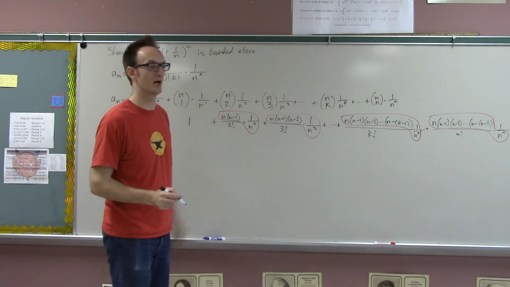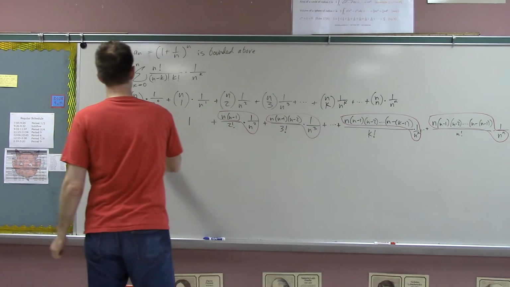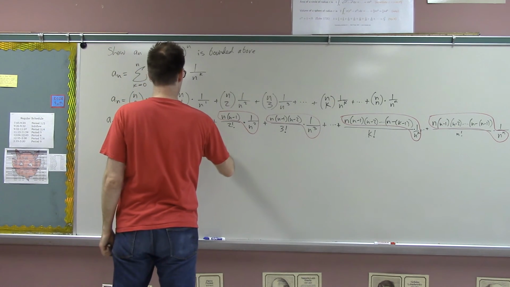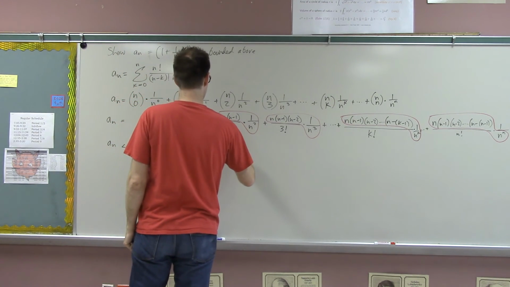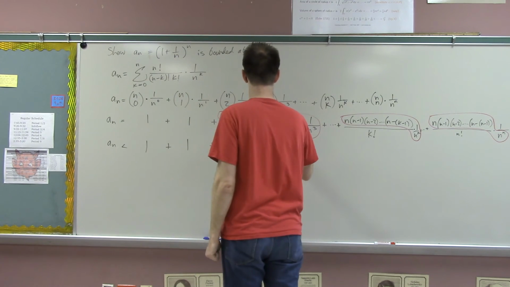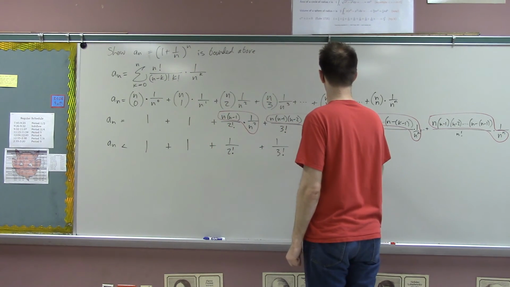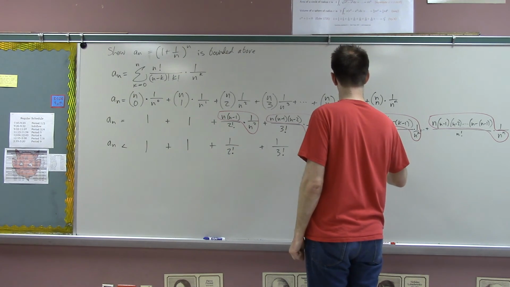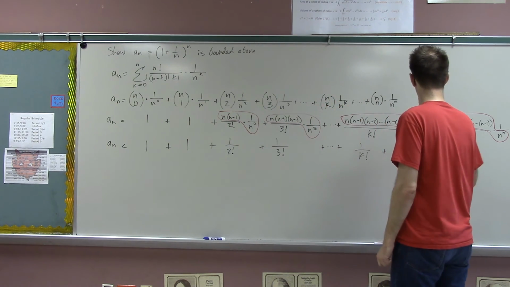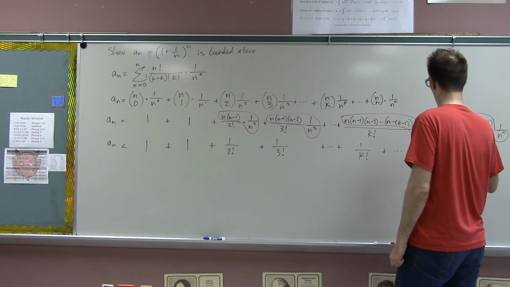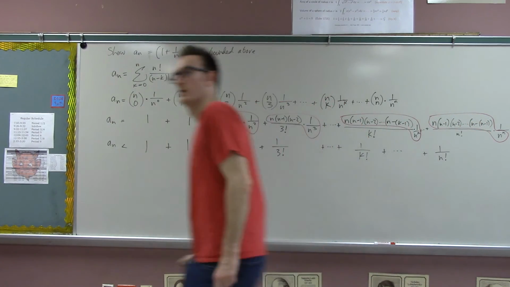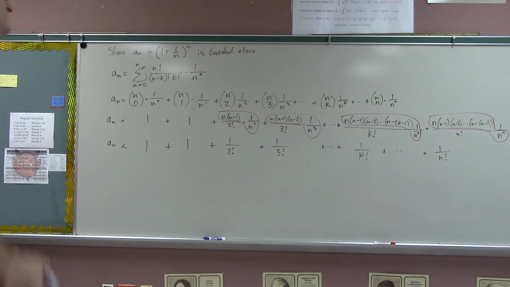So this is 1 plus 1 plus 1 over 2 factorial plus 1 over 3 factorial plus dot dot dot 1 over k factorial dot dot dot 1 over n factorial. So it's basically the Taylor series. Something kind of interesting.